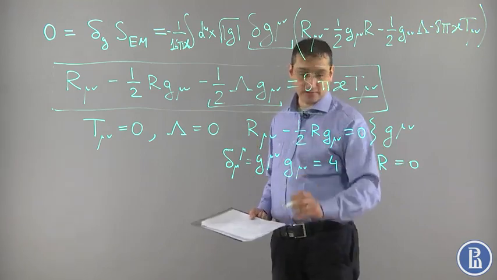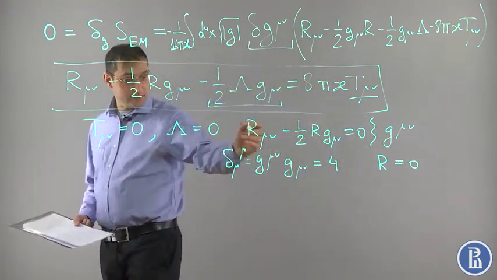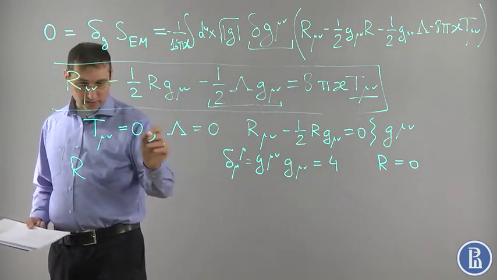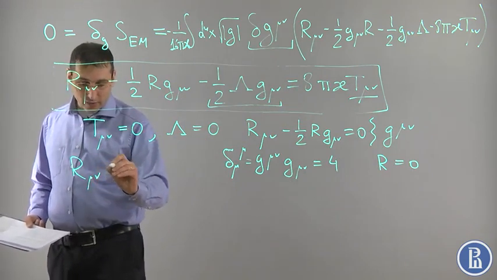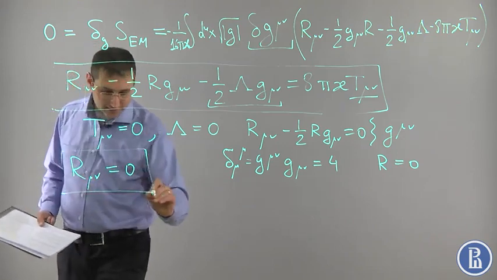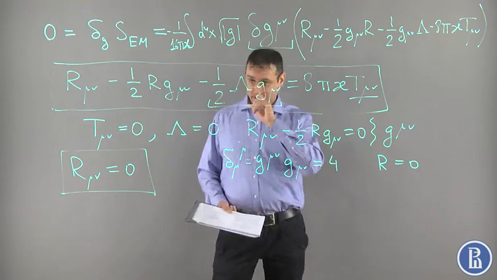And because R equals 0, as a consequence, without a cosmological constant and matter, Einstein equations reduce to the condition of so-called Ricci flatness, that the Ricci tensor is vanishing.